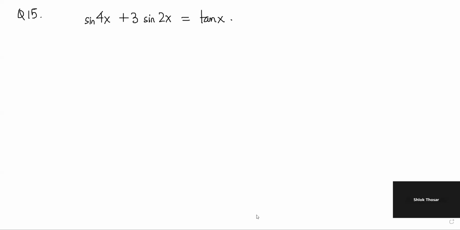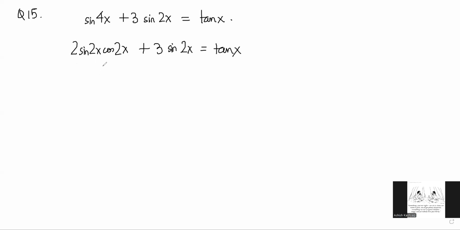Sir, I expanded sine 4x as 2 sine 2x times cos 2x, and sine 2x as 2 sine x cos x, basically writing the whole equation in terms of sine x and cos x. You are getting this. After that, what is your next step?